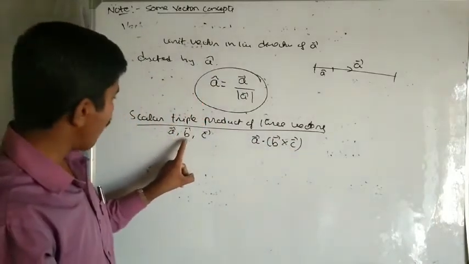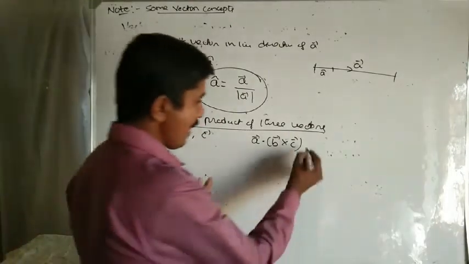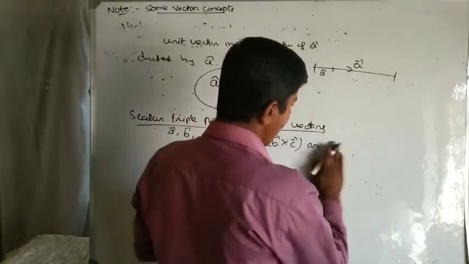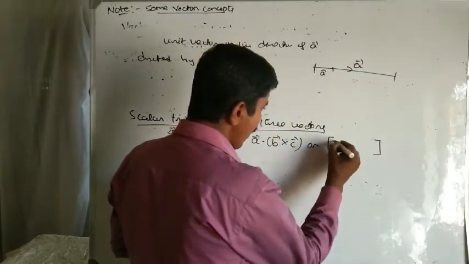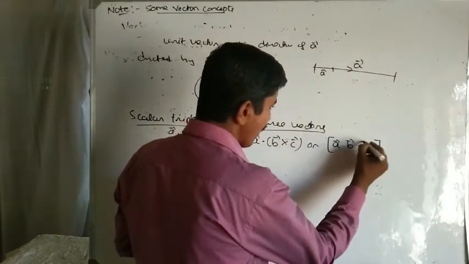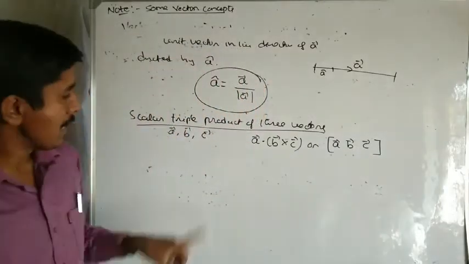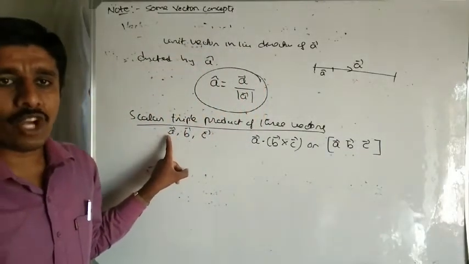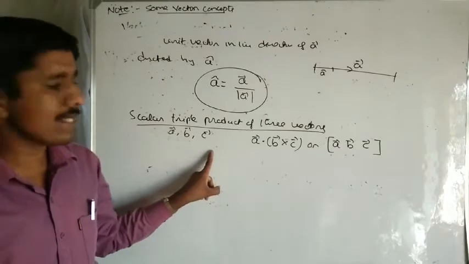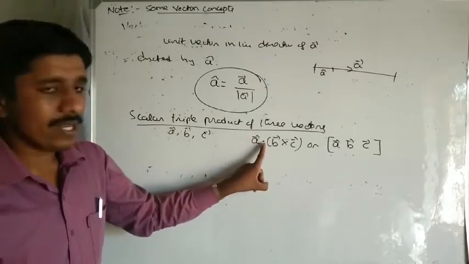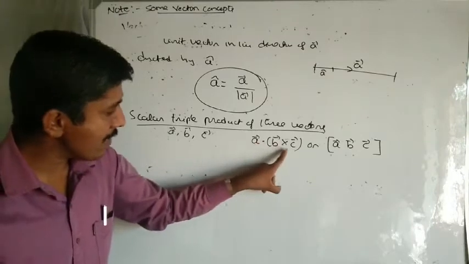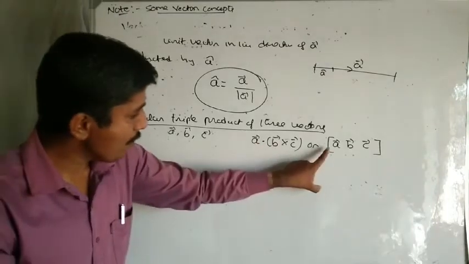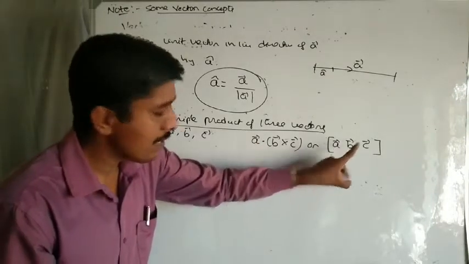It is written as a box within square brackets: vector A, vector B, vector C. Here A, B, C are in order, also called the box product.